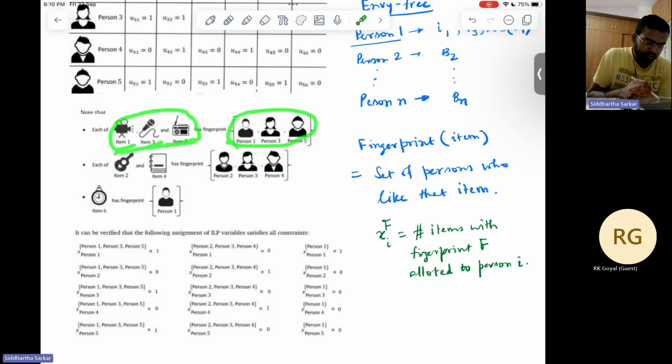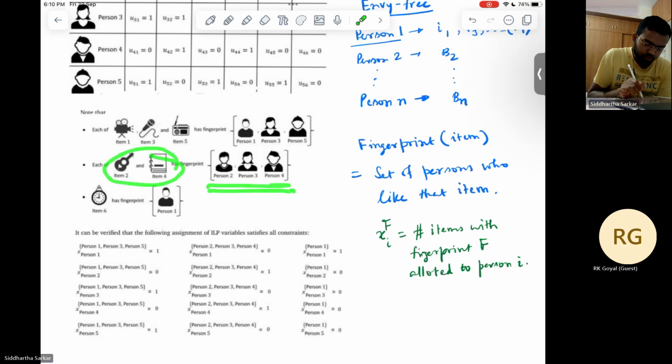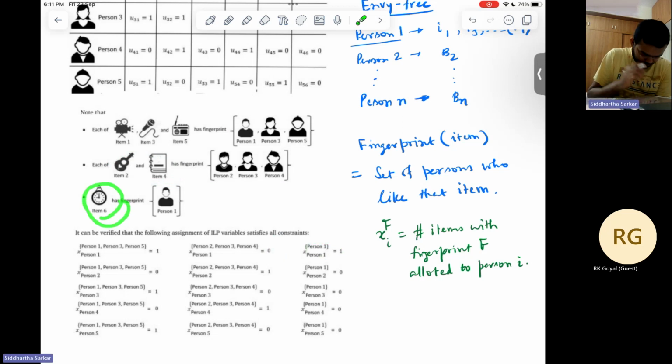But out of these 3 items that person 1 likes, only one item has been given to him. Out of the items of this fingerprint, persons 3 and 5 were given none of the items. And person 1 is given the clock, because the clock is only liked by person 1. So there is no choice but to give the clock to person 1.